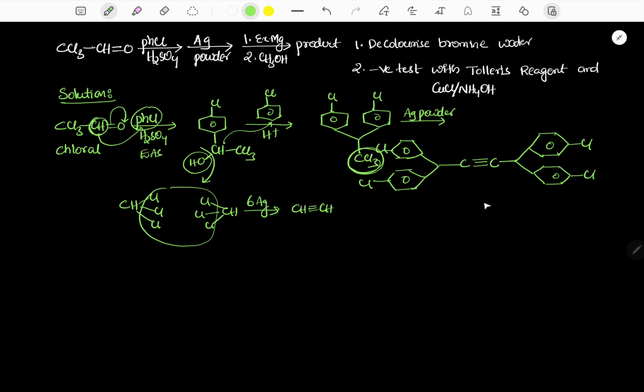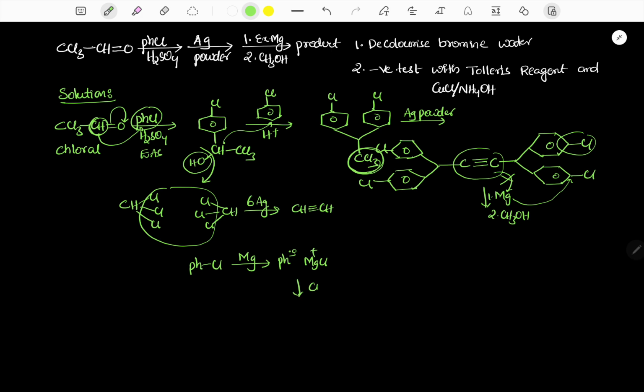Now it is treated with magnesium followed by methanol. Here the alkyne group and alkyl halide are there. The alkyne group with magnesium gives no reaction, but magnesium can react with aryl chloride. For example, PhCl treated with magnesium gives the Grignard reagent, Ph minus MgCl plus.